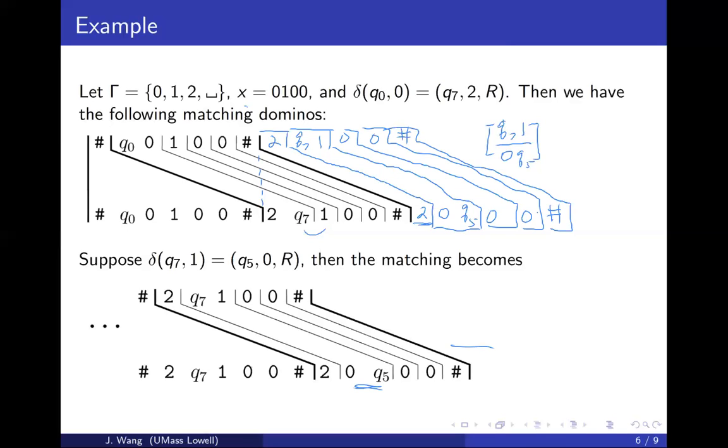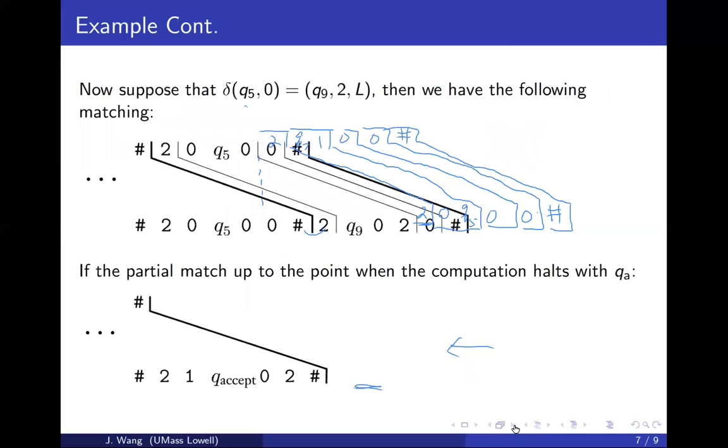So the next move is Q5 on 0, change 0 to 2, Q5 to Q9, and move to the left.